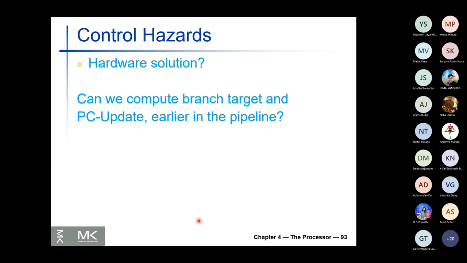Is there any possible hardware solution so that you can compute the branch target and PC update earlier in the pipeline? Then the next instruction would not have to wait for 3 clock cycles. Maybe you would wait for a little less.